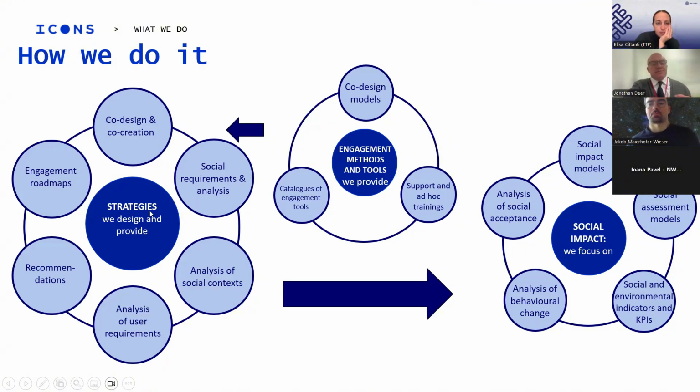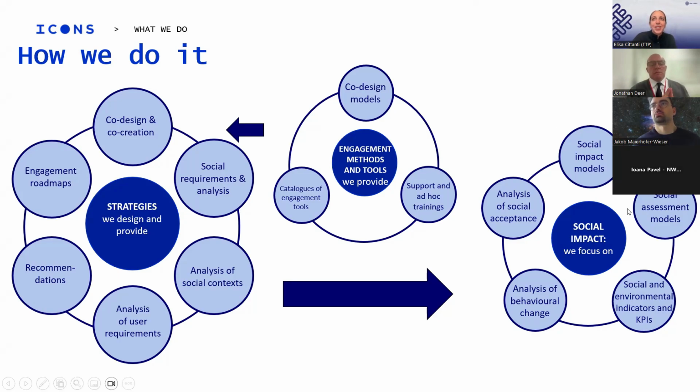So we provide these strategies, as I said before, in a robust and systematic way. In order to do that, we rely on engagement methods and tools, so on co-design models. We have a catalog of engagement tools that have been used in other projects, so we have lessons learned and best practices, and we also sometimes offer, when feasible, ad hoc trainings so that project partners know how to apply methods.